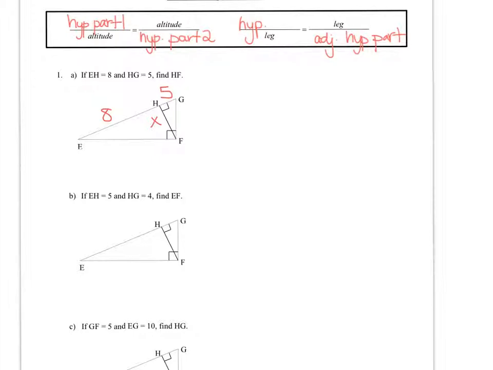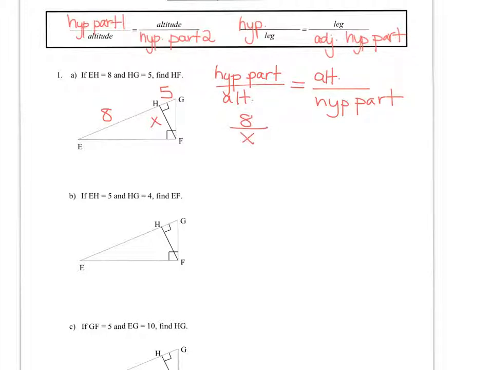And I see that I need my altitude, therefore I'm going to do hypotenuse part over altitude equals altitude over hypotenuse part. And this one's pretty straightforward. 8 over x equals x over 5.